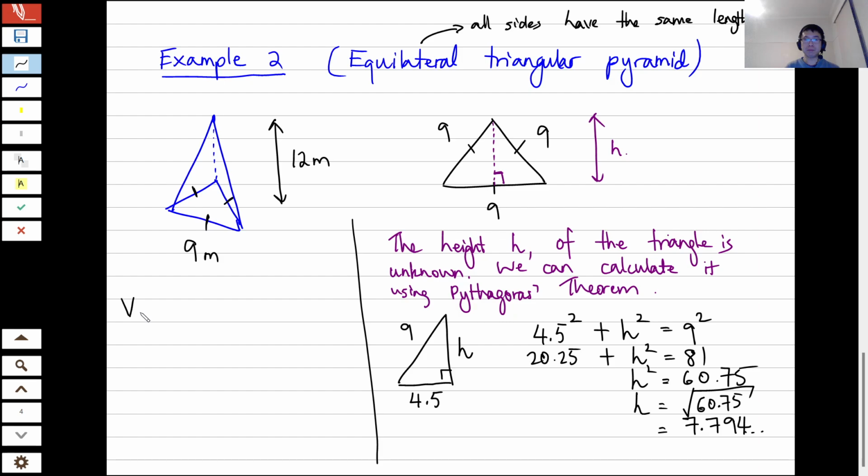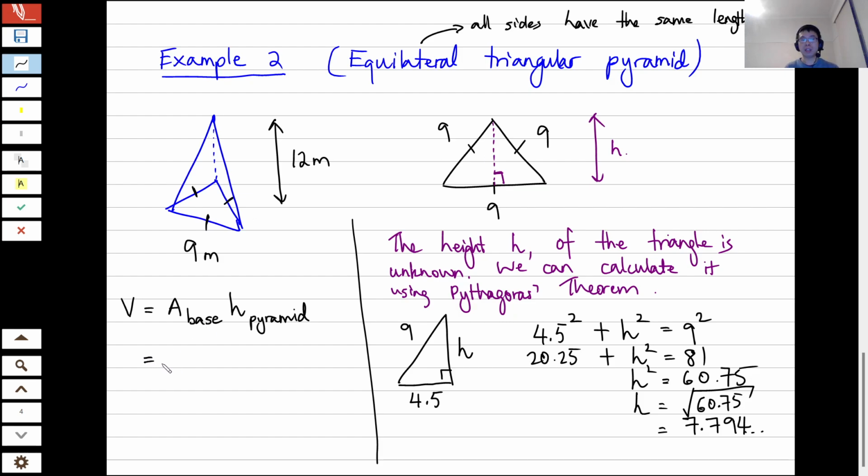The volume of the pyramid is equal to the area of the base times the height of the pyramid. I've used h with a subscript for the pyramid here to distinguish it from the height of the triangle.